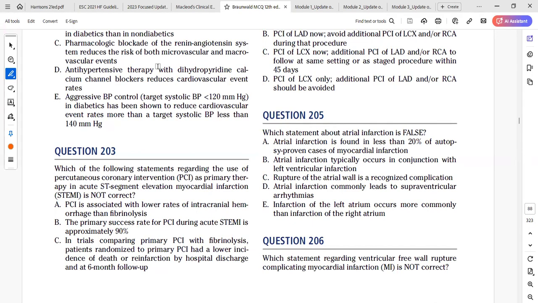B, the primary success rates for PCI during acute STEMI is approximately 90%. C, in trials comparing primary PCI with fibrinolysis, patients randomized to primary PCI had a lower incidence of death or reinfarction by hospital discharge and at 6-month follow-up.